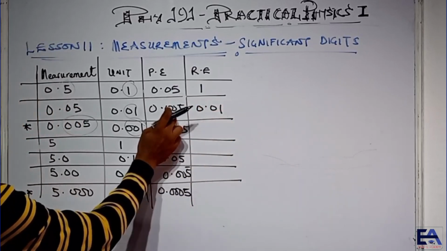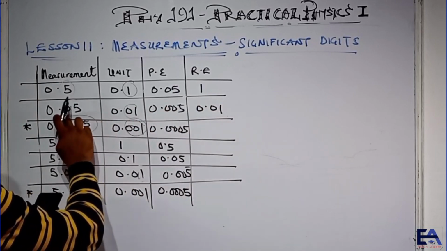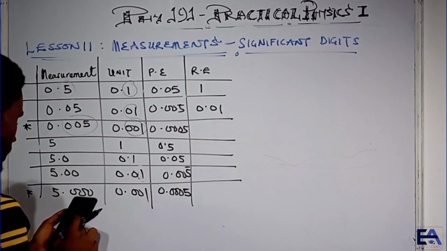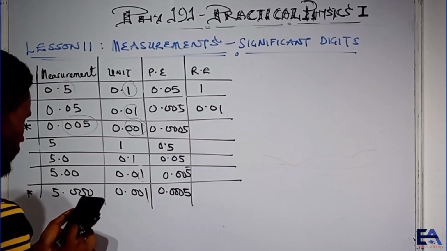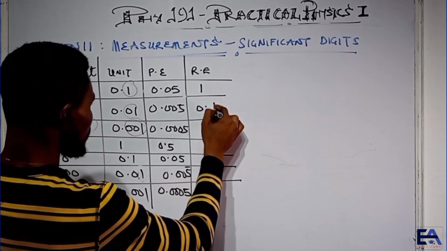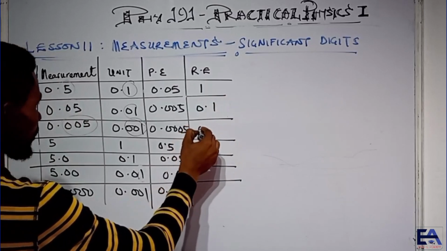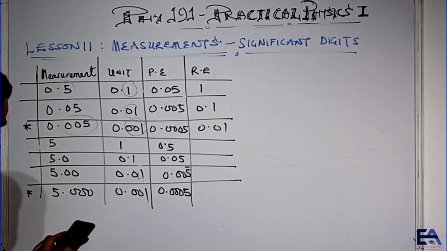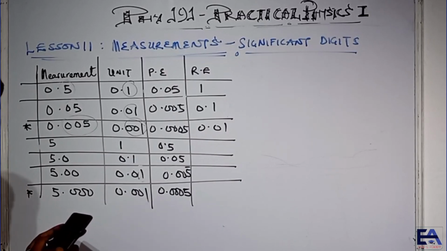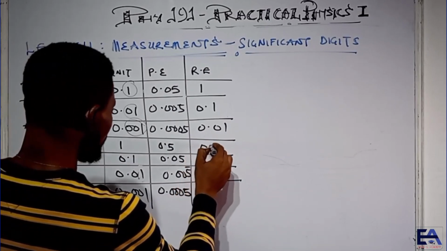Okay, I made a mistake. Divided by 0.05, okay, so we have 0.1. And so similarly, we are going to be having 0.01 here. If you follow the trend, do you get it now? And then 0.5 divided by 5, we have 0.1.